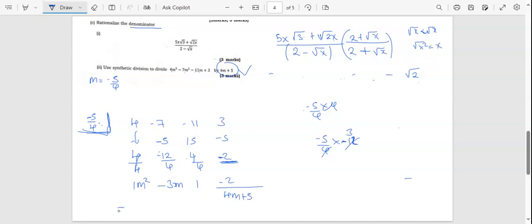So the final answer is m squared minus 3m plus 1, then negative 2 over 4m plus 5. Sometimes you can get 0, and if the remainder was 0, you just remain with the quotient. So that's how you do a synthetic division. This is the final answer: m squared minus 3m plus 1, then negative 2 over 4m plus 5.